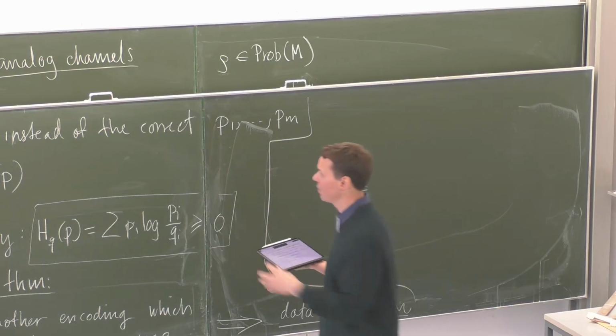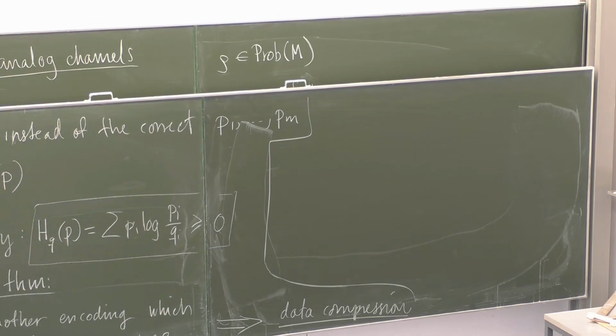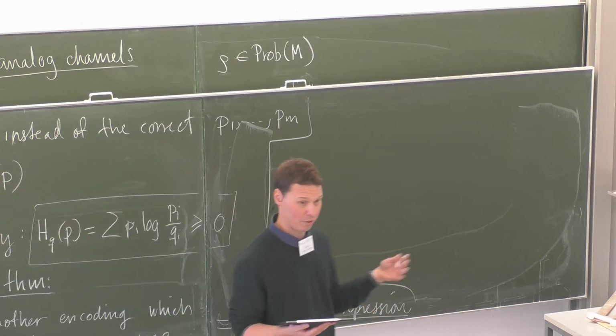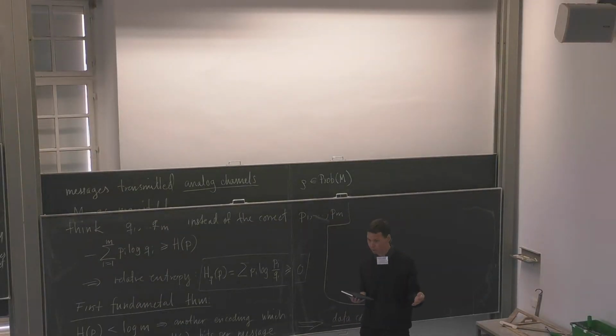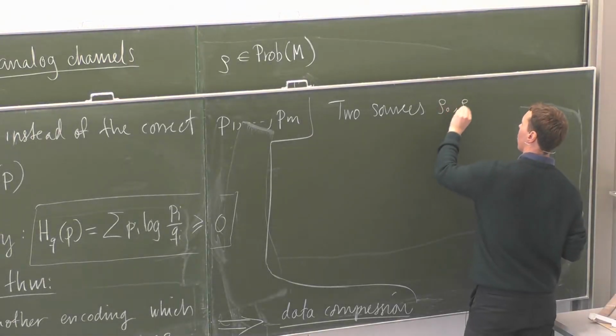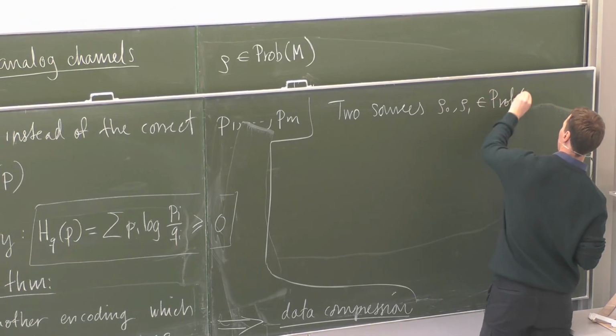Assume that you have this analog device for sending messages, and then you use it for two different sources of messages. These two different sources correspond to two different probability distributions, rho naught and rho 1, both in the space of probability distributions on M.